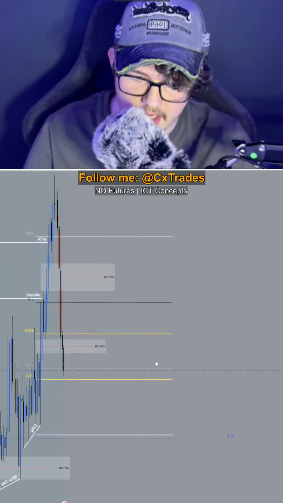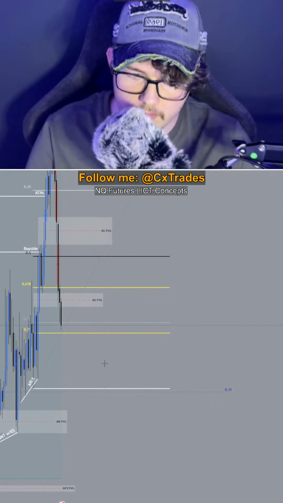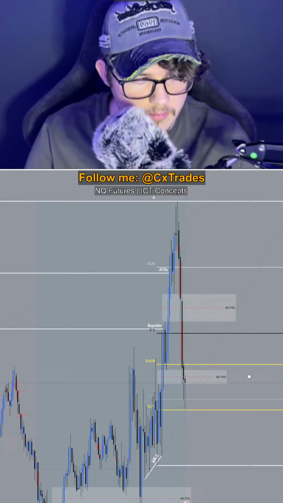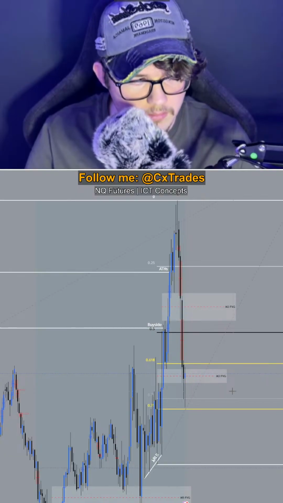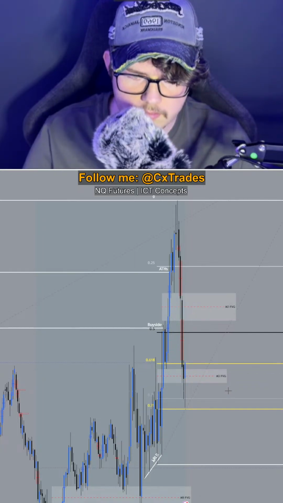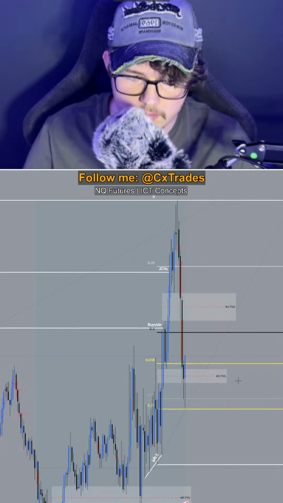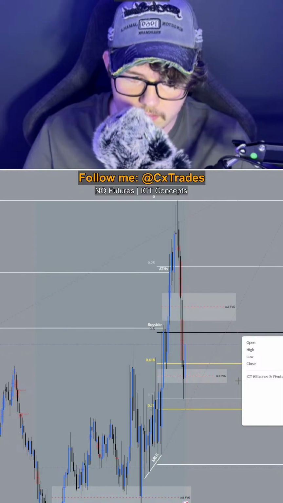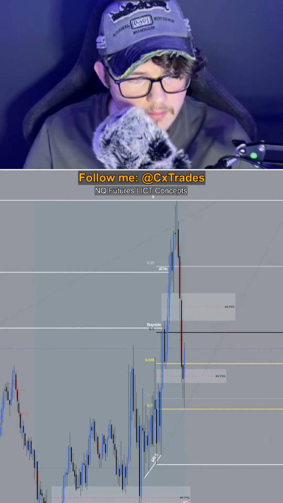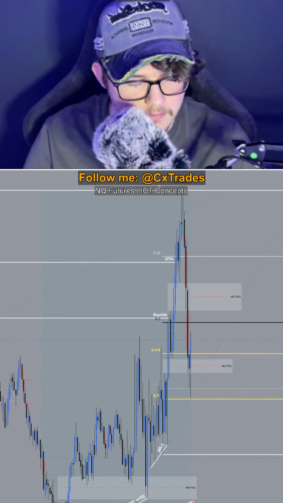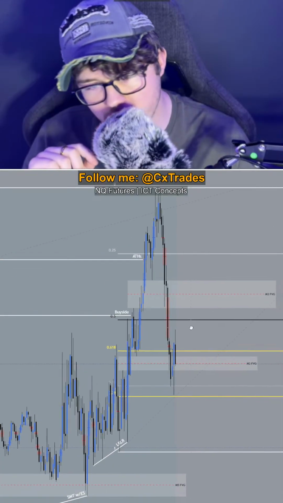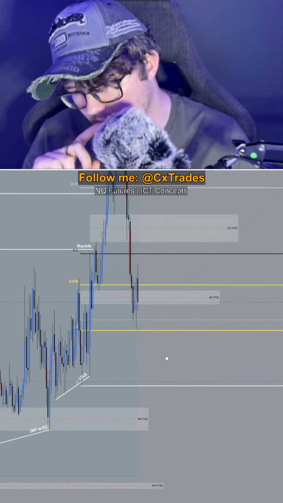The 3-minute closed inside this gap. Looks like price wants lower here. Potentially get a sweep of these.